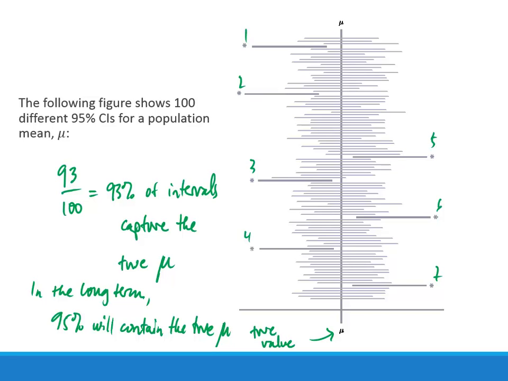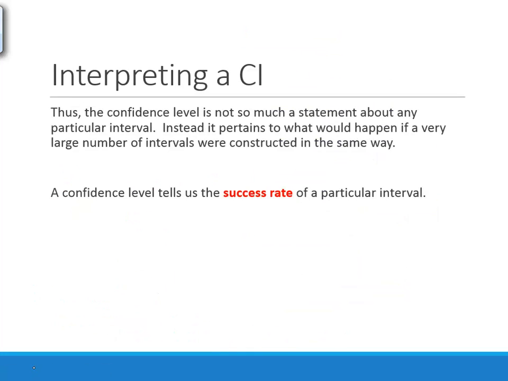Okay, so what's the takeaway from this? What I put in your notes is that the confidence level is not so much a statement about a single interval. Instead, it talks about what would happen if we did this thing over and over.